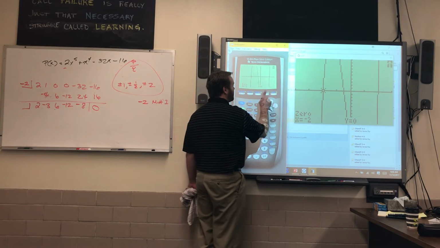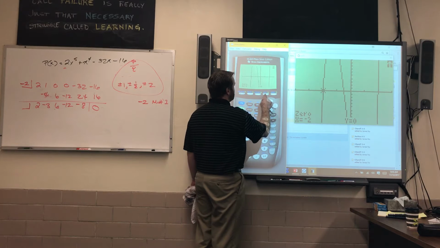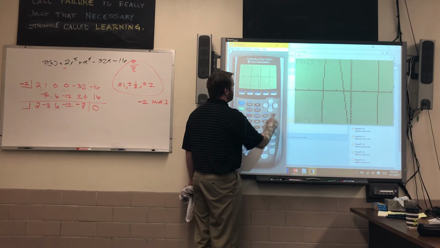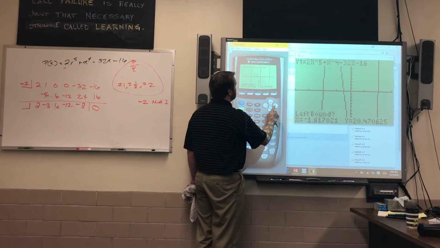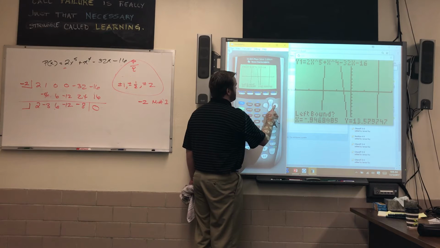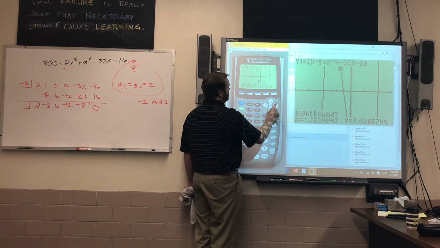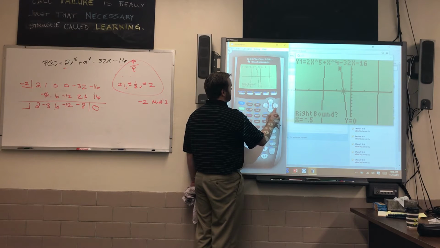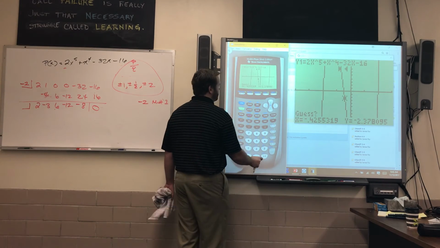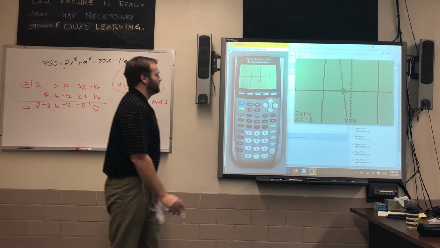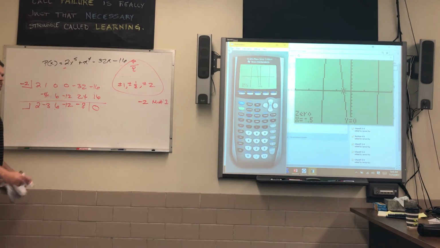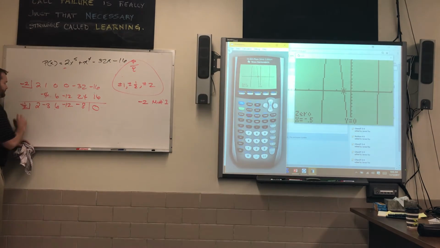Okay, so second calc, go to 0 again. I'm to the left of that 0, hit enter. Now I'm going to make sure I'm to the right of that 0, hit enter, and I get -1/2, right? So I'll try -1/2.